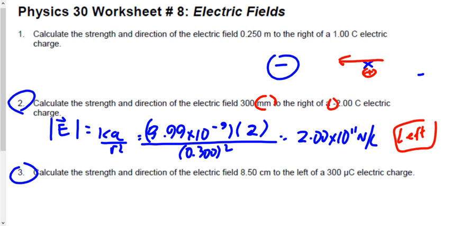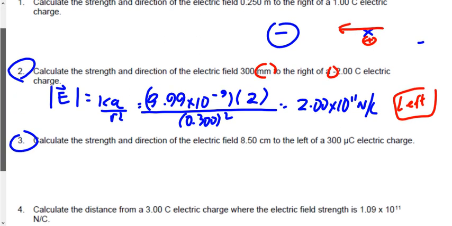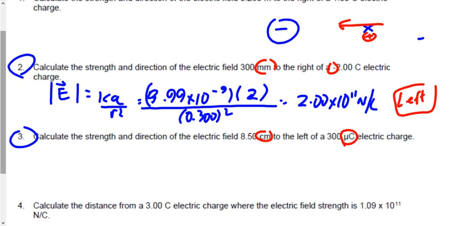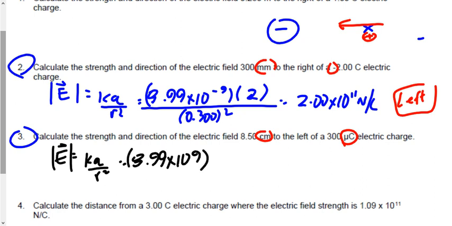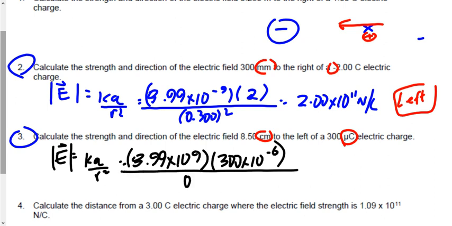Now, number 3 says calculate the strength and direction of the field 8.5 centimeters to the left of this electric charge. Once again, 8.99 times 10 to the 9 times Q, which is 300 times 10 to the minus 6, 300 microcoulombs, divided by 0.085 meters, gives us a value for electric field in number 3 of 3.73 times 10 to the 8.